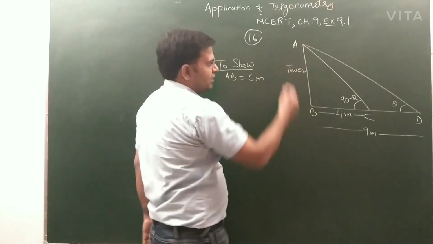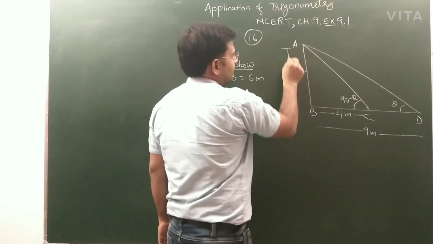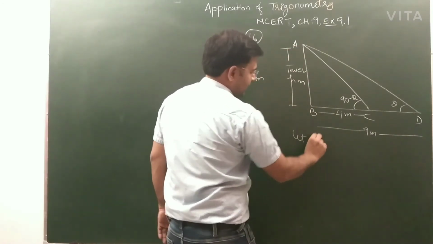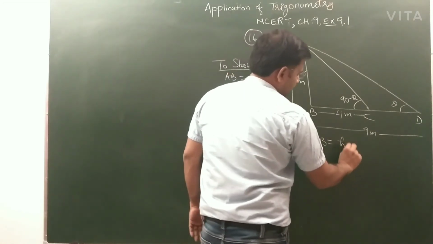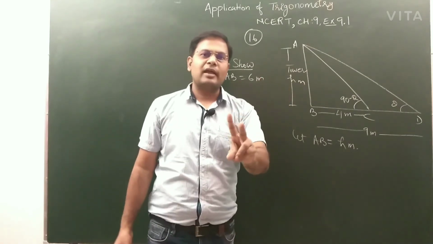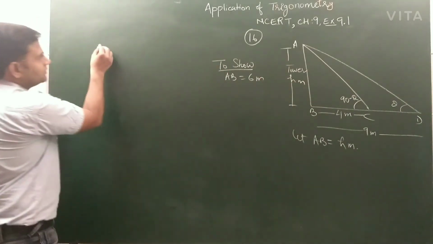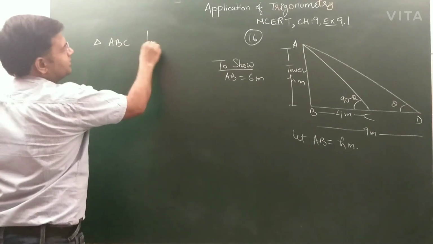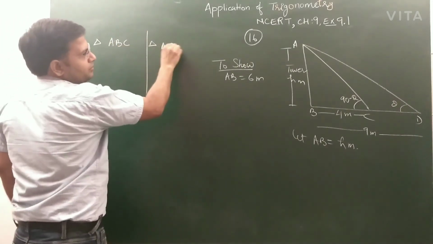So we start from here. Let AB equal h meter. Again, there are two right angle triangles: first triangle ABC, and second triangle ABD.